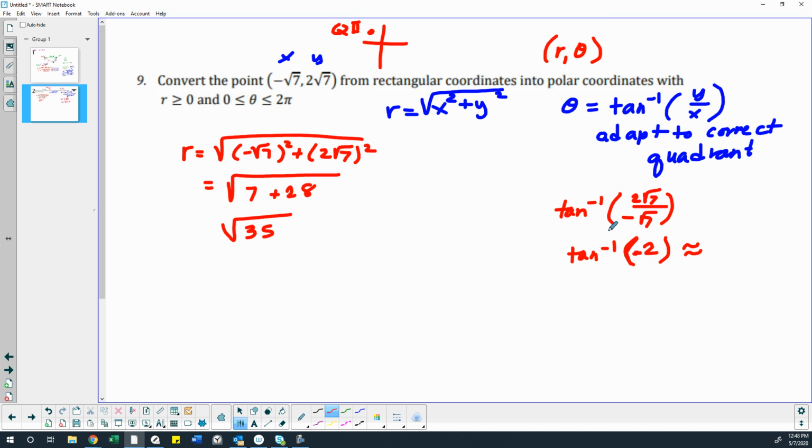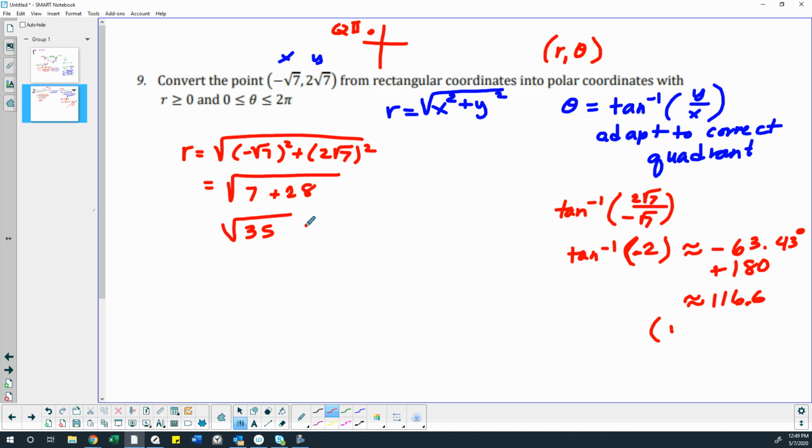So the inverse tangent of negative 2 is approximately negative 63.43 degrees. But that's a fourth quadrant angle, and we want it to be a second quadrant angle. So to fix that, we're just going to add 180 to it, and we get approximately 116, I'm just going to do one decimal place, 116.6.